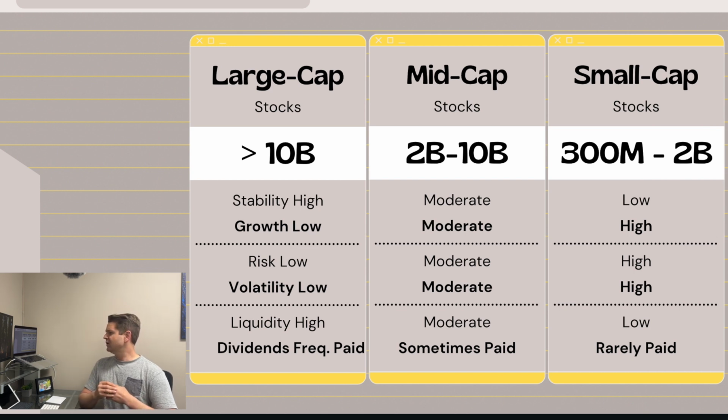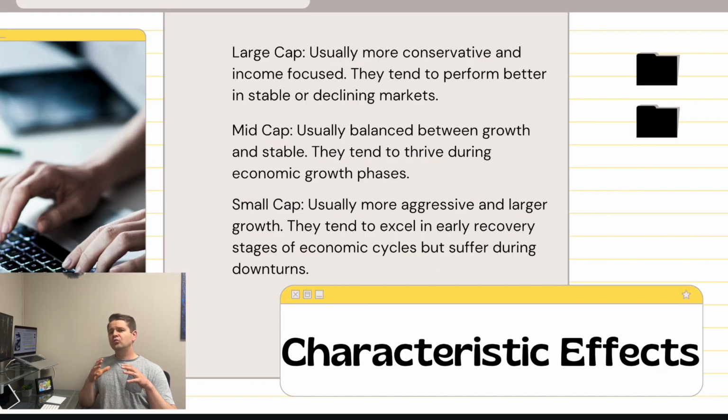And then dividend frequency is a lot more when you're dealing with a large cap versus a small cap, because a small cap, on average, especially when it's growth companies, is going to reinvest that money and put it back into the company because they're trying to grow the company and make it a lot larger.